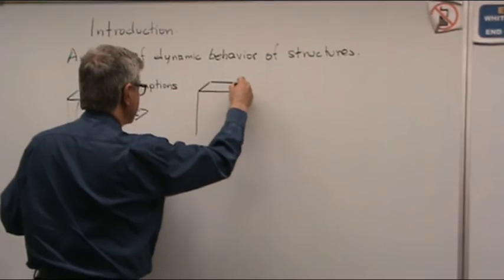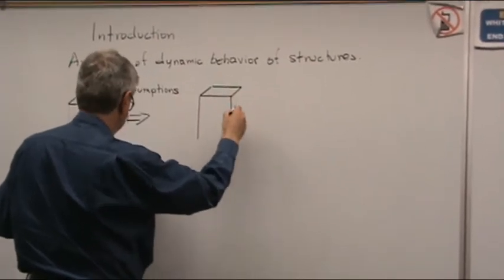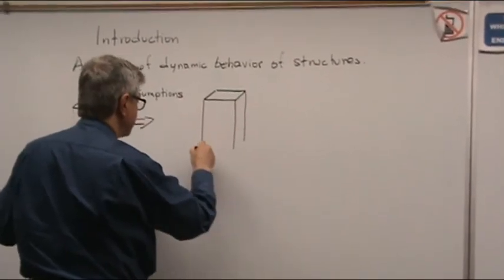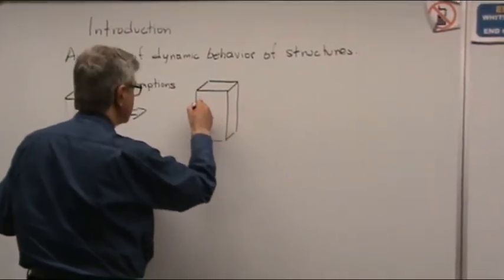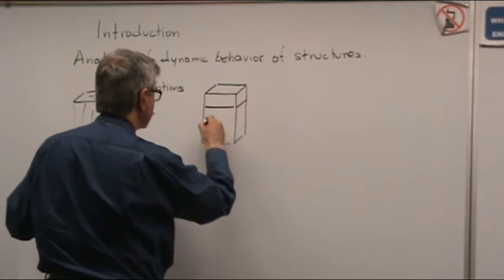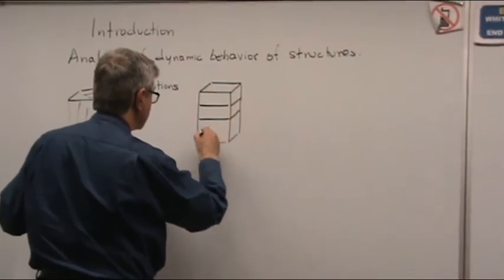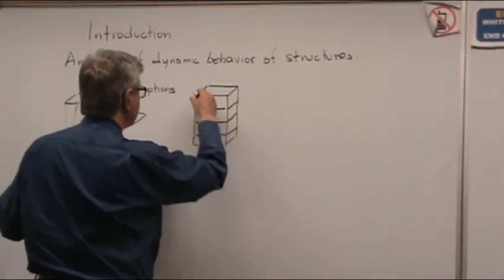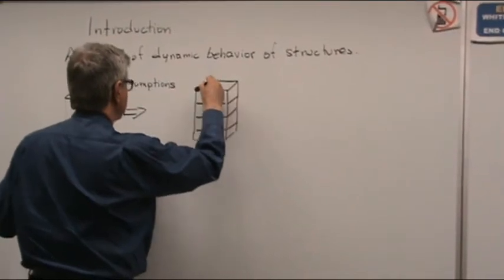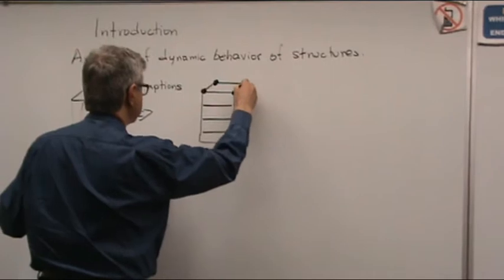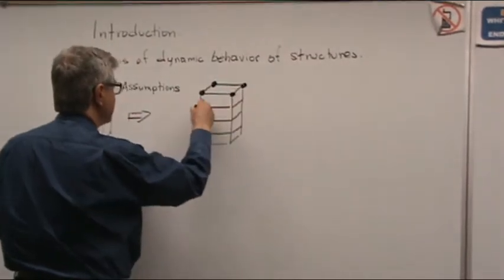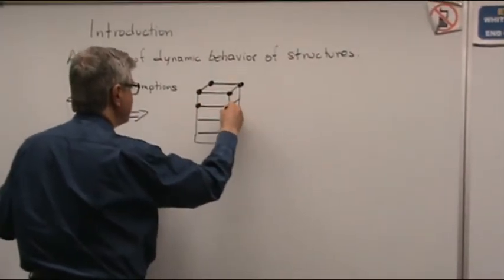So you will have a bunch of concentrated masses, as an example, connected with beams or maybe springs, and that represents the system.